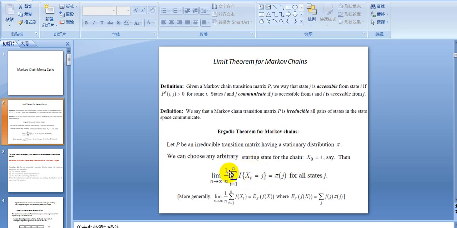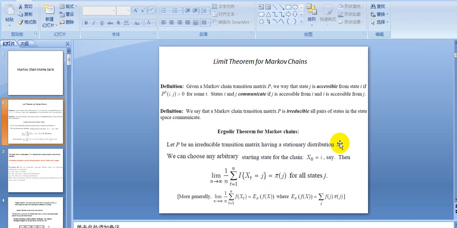You count the proportion of xt equal to j and divide it by the whole length of the Markov chain n. So this basically means that the proportion of the Markov chain equal to j, when n goes to infinity, that proportion will converge to the stationary distribution, the probability for j.